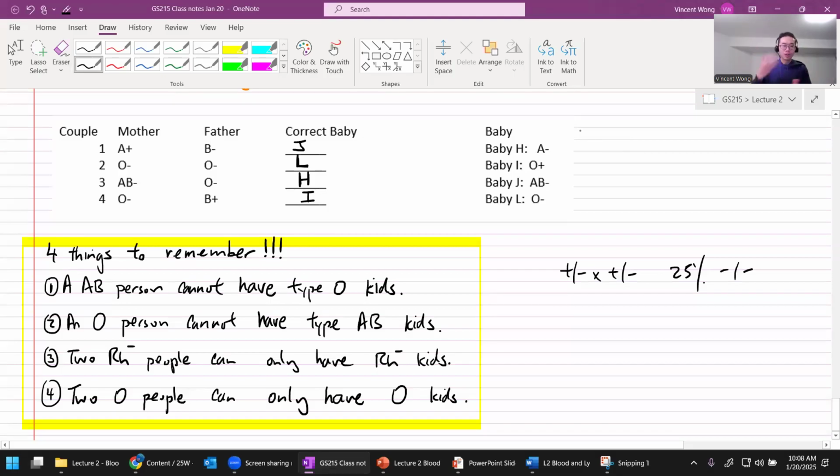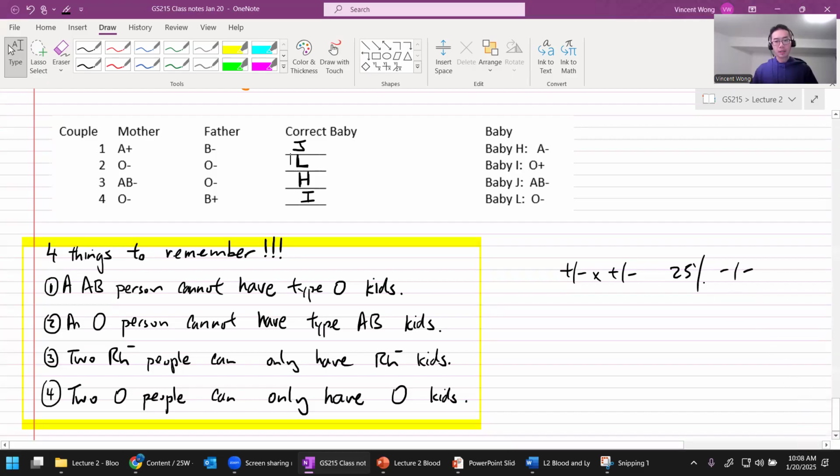You just logic your way through it. You don't have to do a Punnett square. You just use these four things to help guide your answers. Is that okay? There is more practice in the study guide. Help yourself with them.